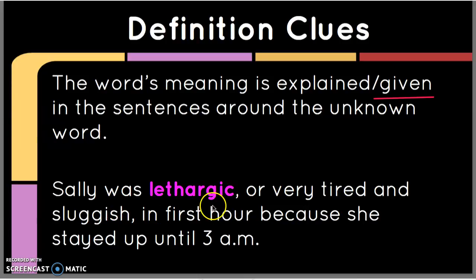Sally was lethargic, comma, or very tired and sluggish. So if we asked you what lethargic meant, you could say very tired and sluggish. It's given to you in the sentences around the unknown word.